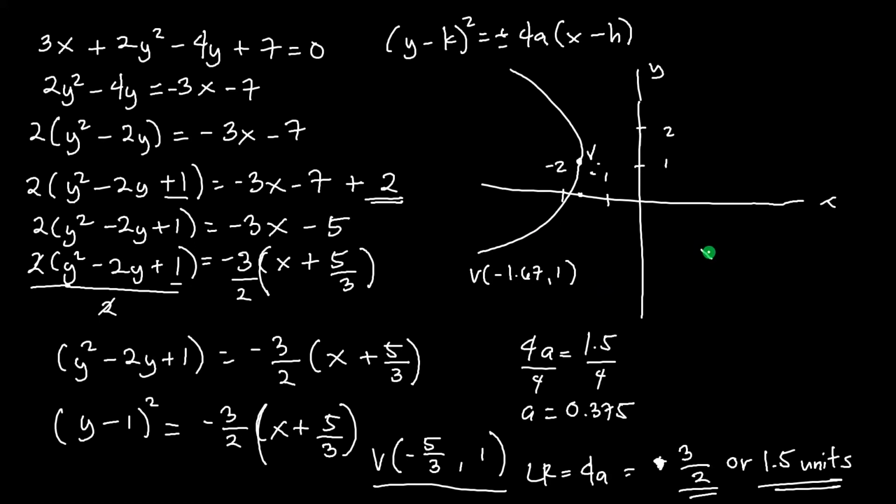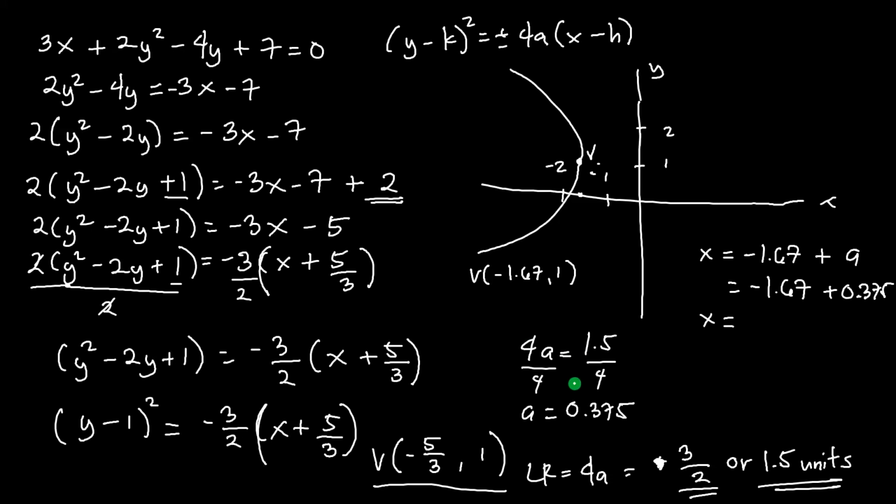Okay, because we don't know if your directrix is beyond this negative 1. So negative 1.67 plus 0.375, your x therefore is equal to, okay, negative 1.295.